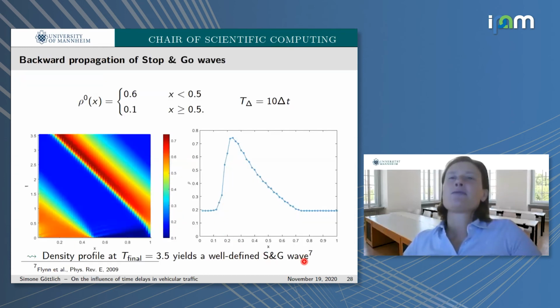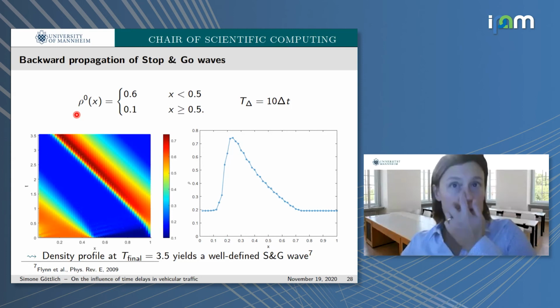So what does it mean for the delayed model when considering stop and go waves? Let me give you the details. If we start with the density profile given here and a delay of this type, and then do the simulation, we observe the stop and go wave at the final time, which was 3.5 here, in a well-defined sense.